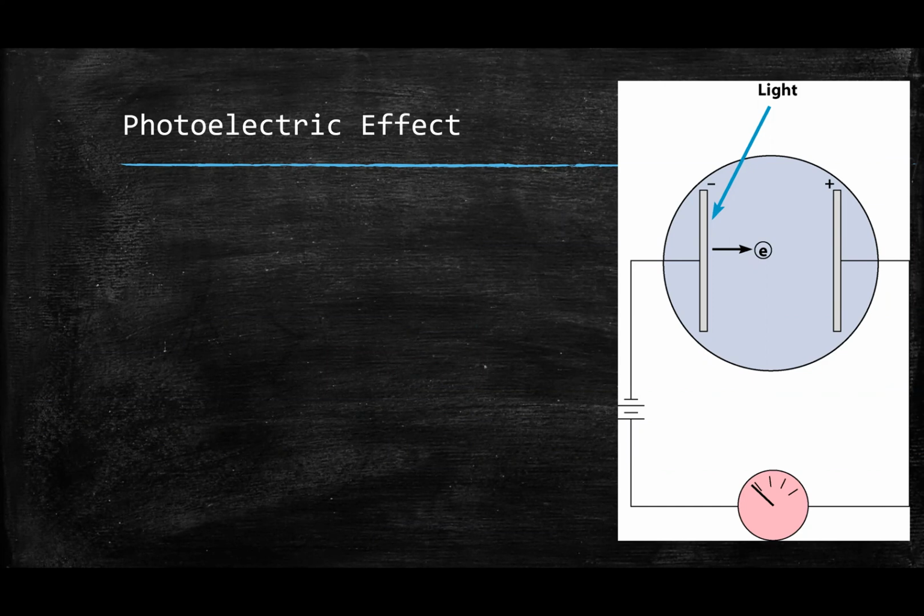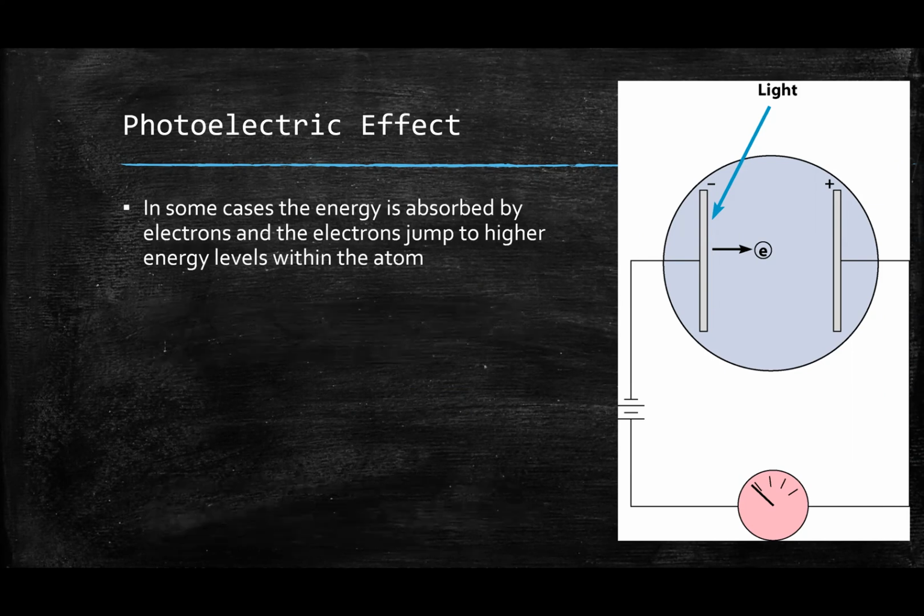So let's look at an experiment that was done to show some of the effects of this absorbed light. And this was an experiment that was done by Albert Einstein. So in these cases, when energy is absorbed, the electrons in the atoms jump to higher energy levels within the atom.